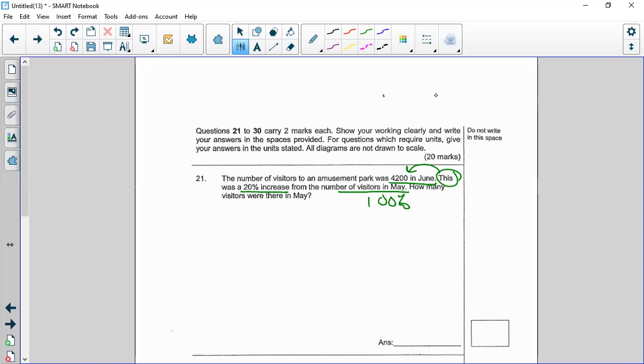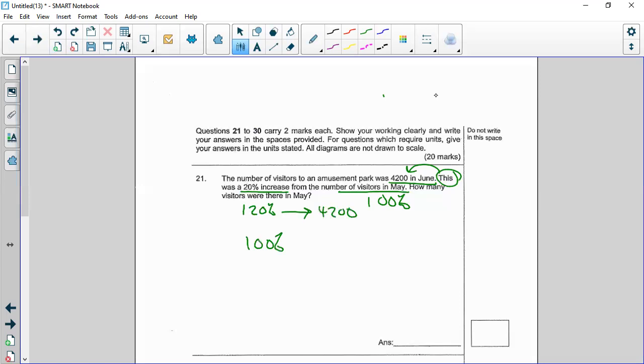May is 100%. You always must start from the base. Your base is 100%, which is May, right? And then June will be how many percent? June must be 120%, because you add 20% more, and that is 4,200.